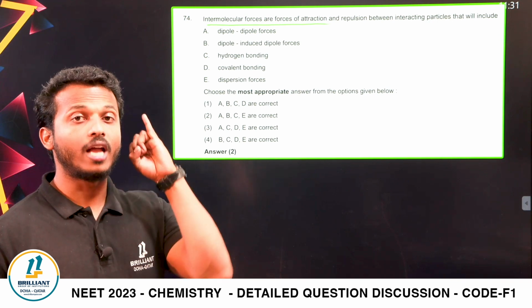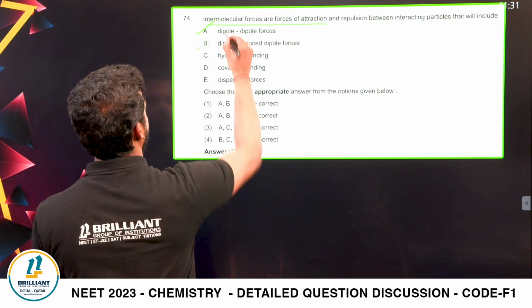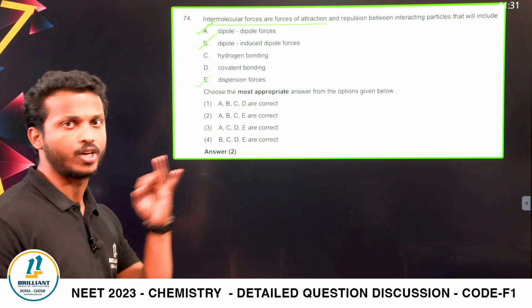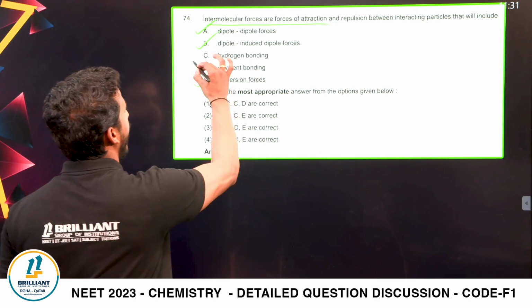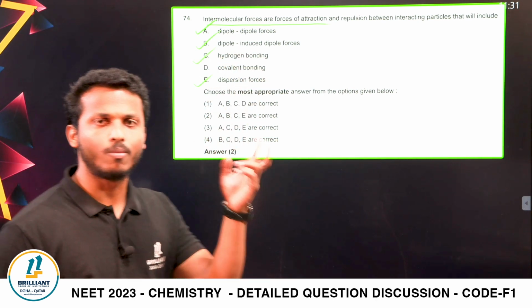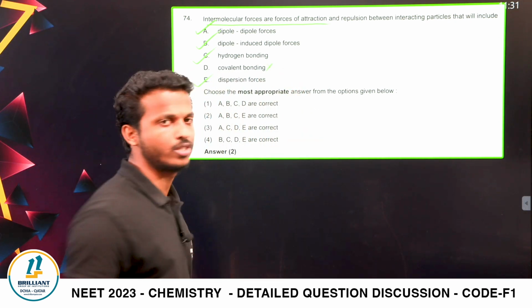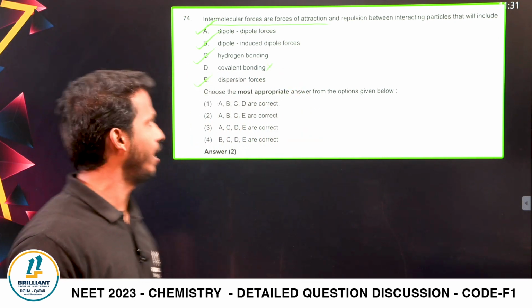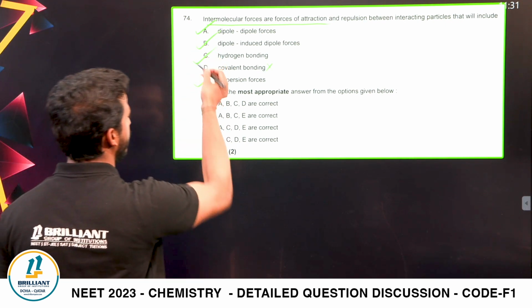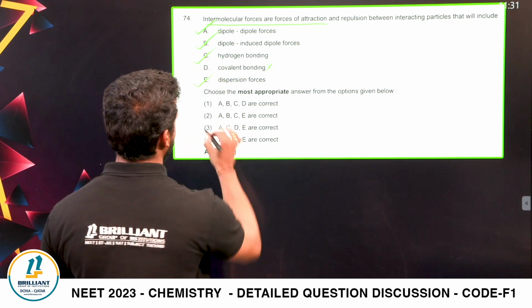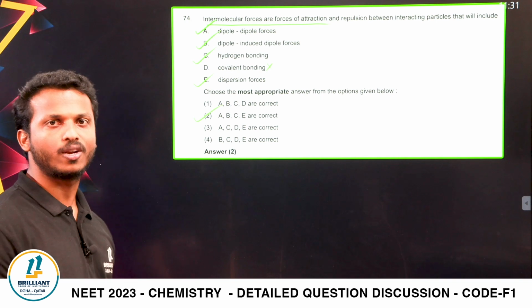Dipole attraction, dipole induced dipole attraction, London or dispersion forces, and even hydrogen bond is an intermolecular attraction. Covalent bond is not an intermolecular force, it's an interatomic force, right? So ABCE, that is option number 2, is correct.